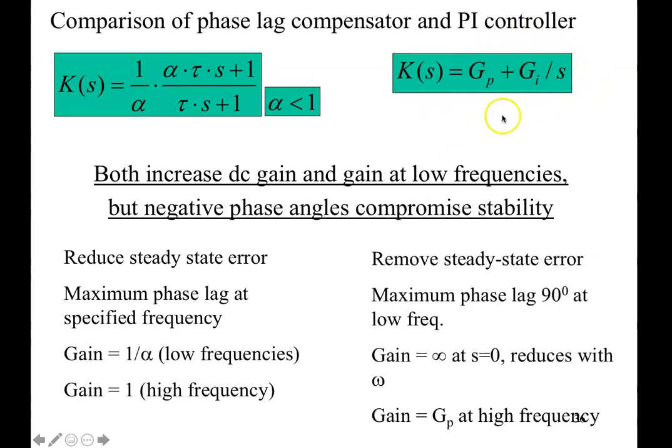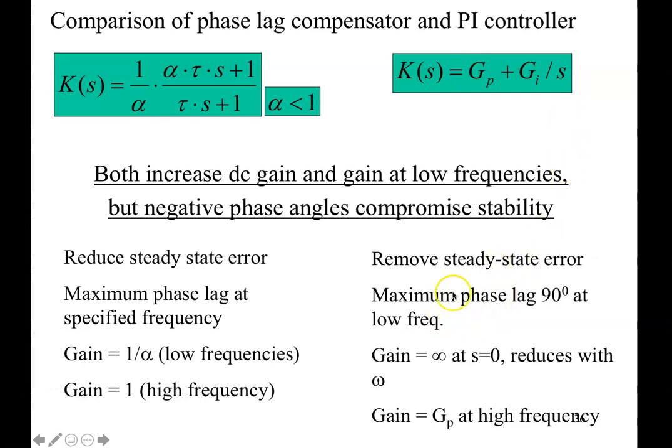The PI control, on the other hand, has the effect of removing the steady state error, because at lower frequency, at 0, something over 0 is infinite. So the lower frequency gain will be infinite. Therefore, the DC gain is infinite. An open loop DC gain of infinity will help to remove the steady state error when your input is a unit step.